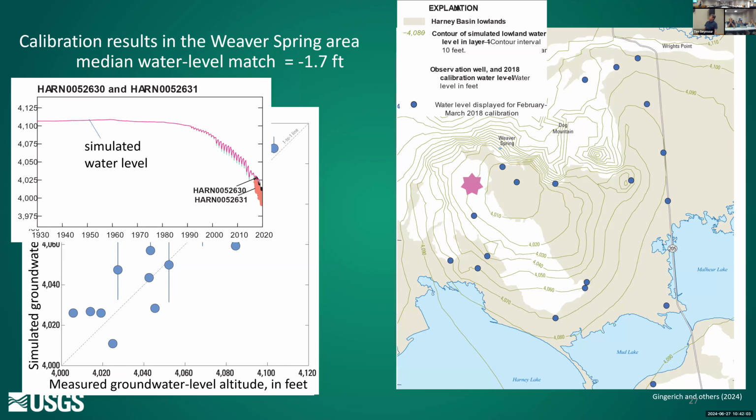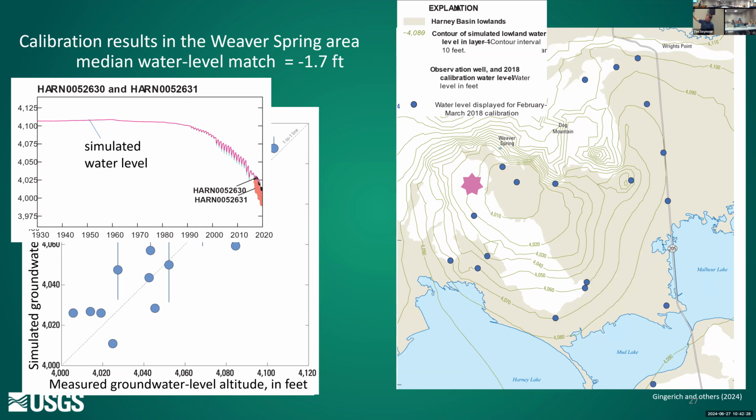And then we can look at individual monitoring wells in there. So this pink one that pops up represents the well over here on the right, the Harn 52630 and 631, some monitoring wells. It's about 2015. And then the line up there says simulated water level. So that's what the model did through the entire time.